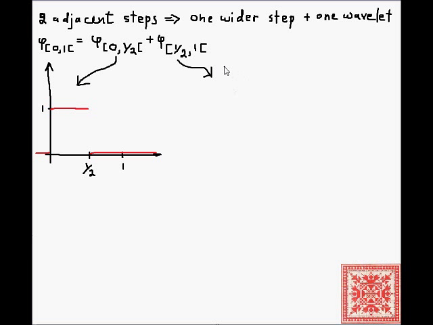So this is phi from 0 to 1/2, and now we're going to graph phi from 1/2 to 1. This is what this step function looks like.